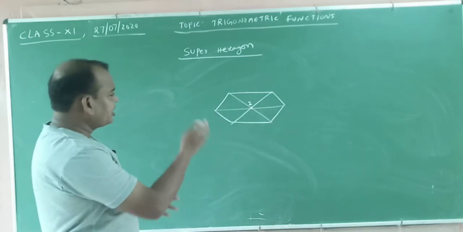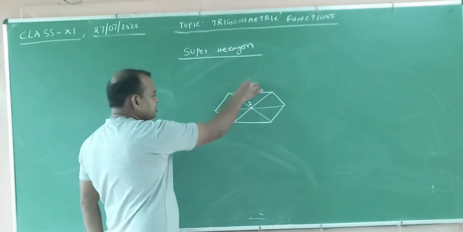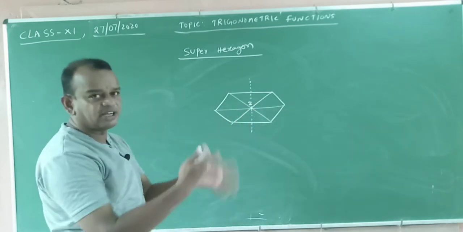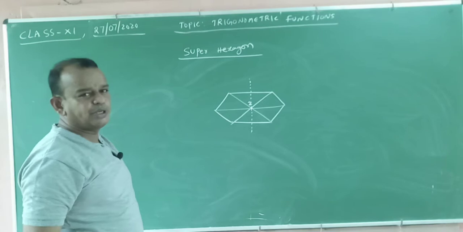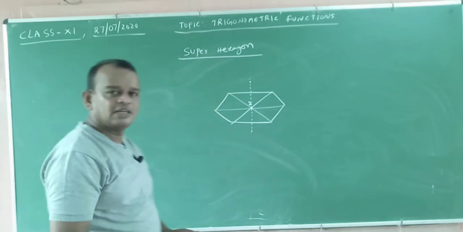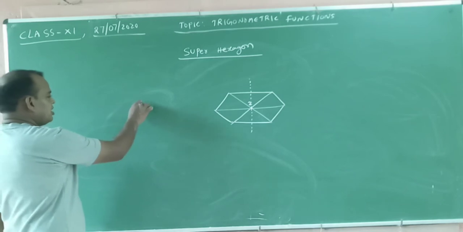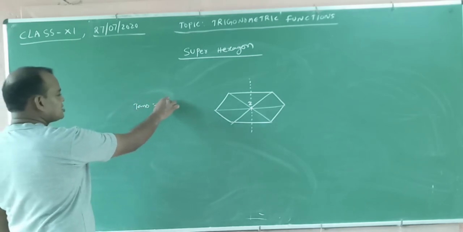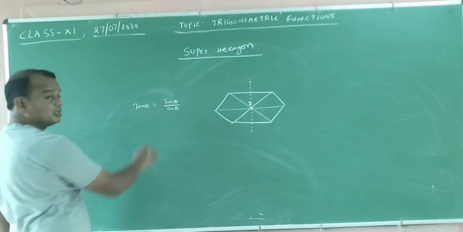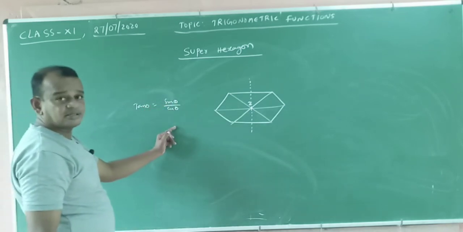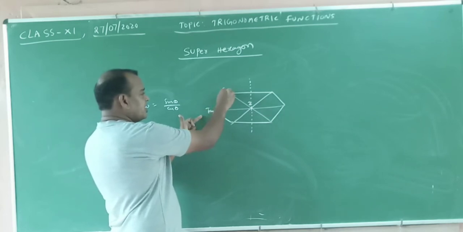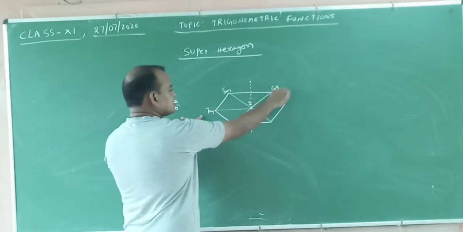Now this bisects it into two equal parts vertically. Now, how to indicate the trigonometric ratios? Keep this in mind first, and after that you write the formulas. You know tan theta is equal to what? Sin theta by cos theta. You know the formula or not? Tan means sin by cos. Now you write here: this is tan, this is sin, this is cos.